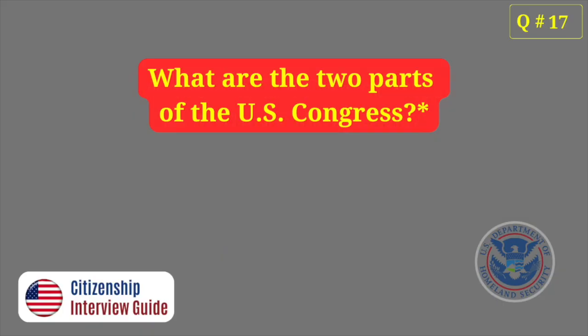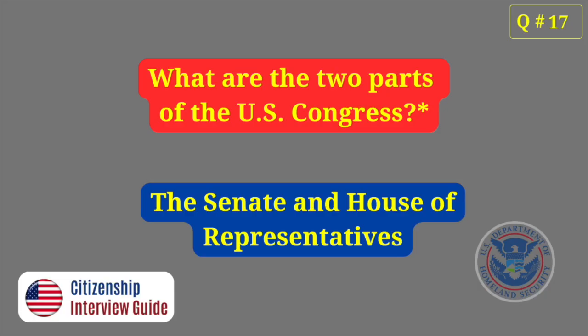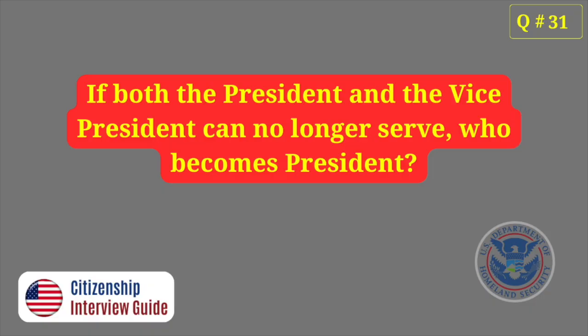What are the two parts of the U.S. Congress? The Senate and House of Representatives. If both the president and the vice president can no longer serve, who becomes president?